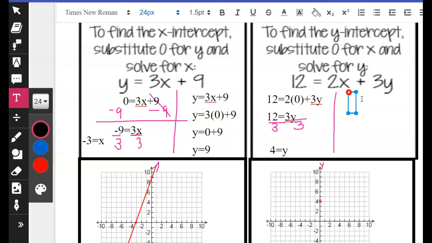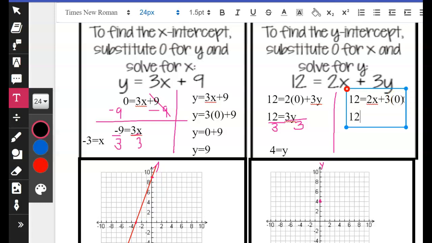Over here, I am going to have 12 equals 2x plus 3y. In order to find the x-intercept, I'm going to put a 0 here for y.